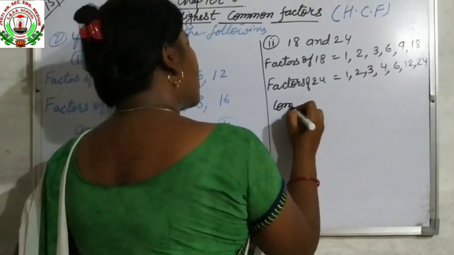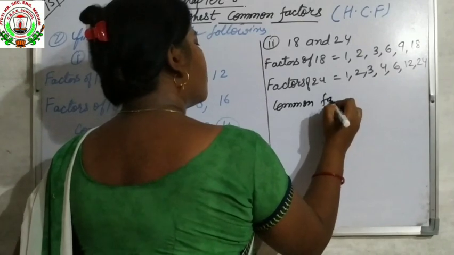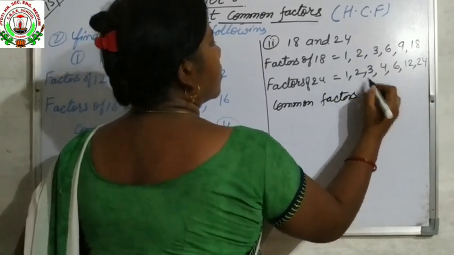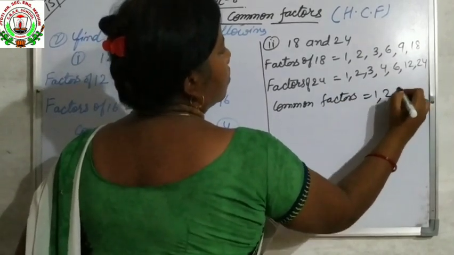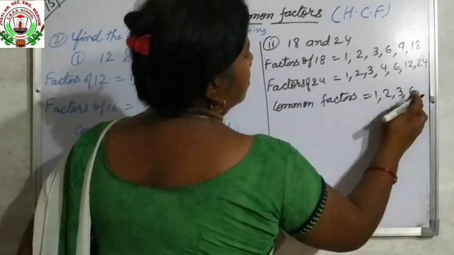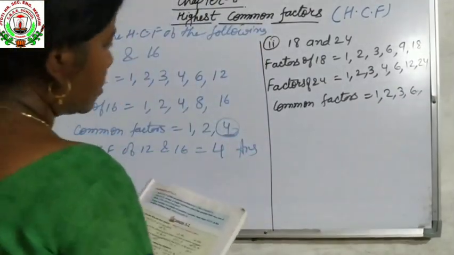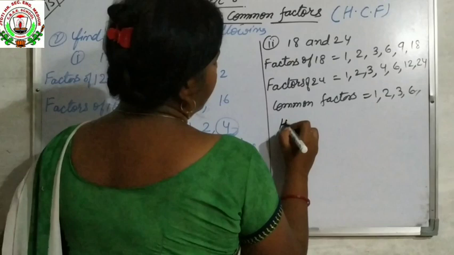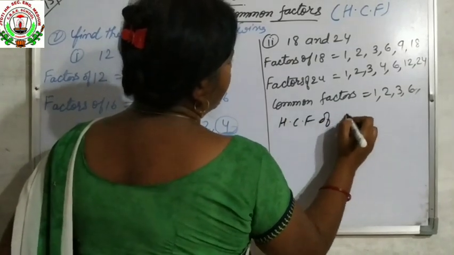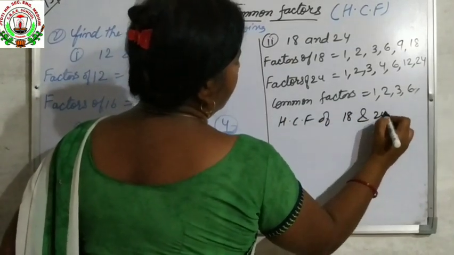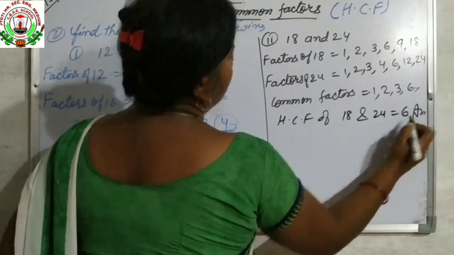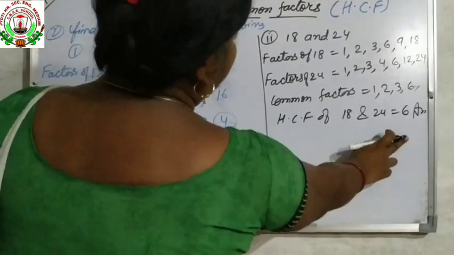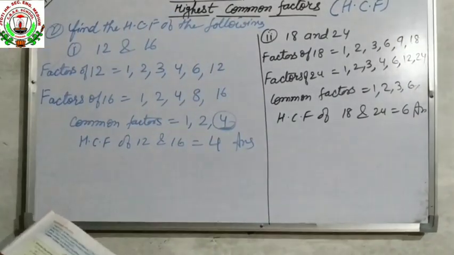Now the common factors are 1, 2, 3 and 6. So we write the highest common factor, that means the HCF of 18 and 24 is 6. So our correct answer is 6.